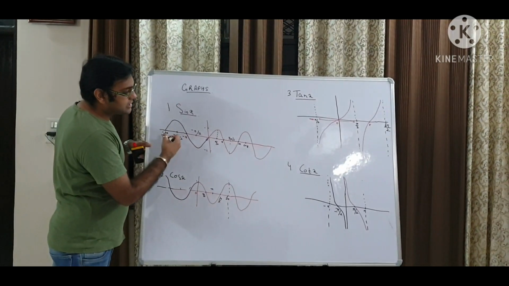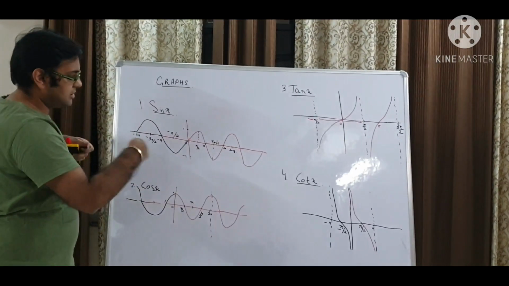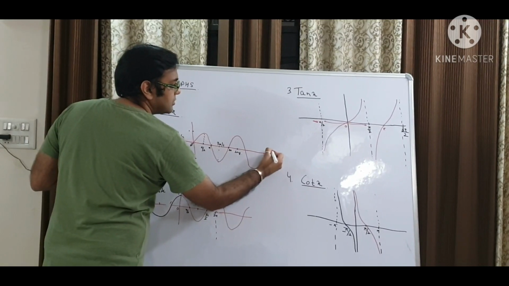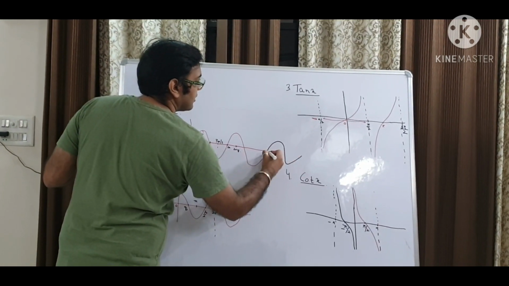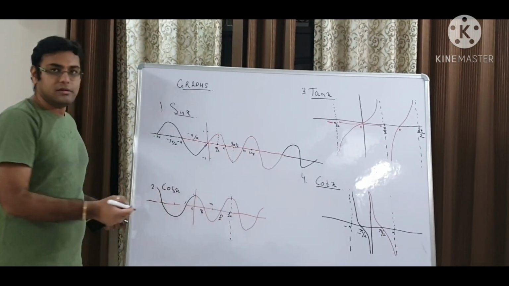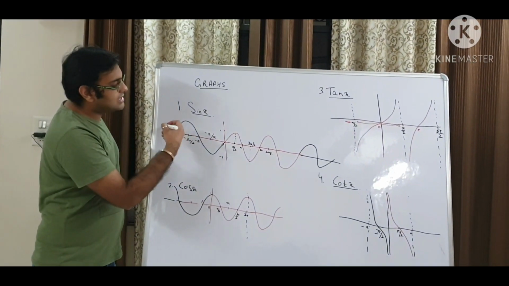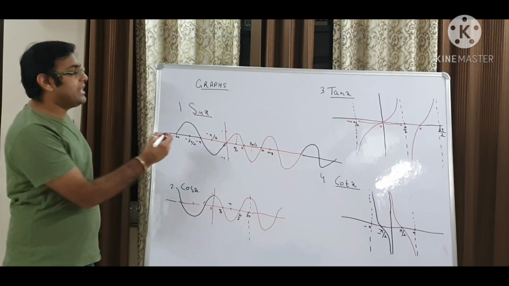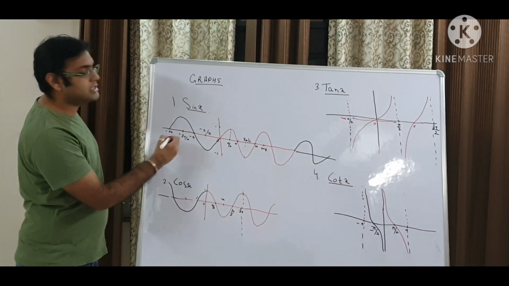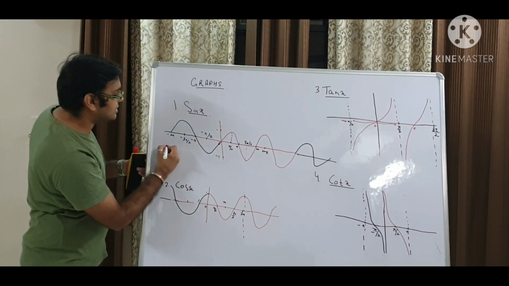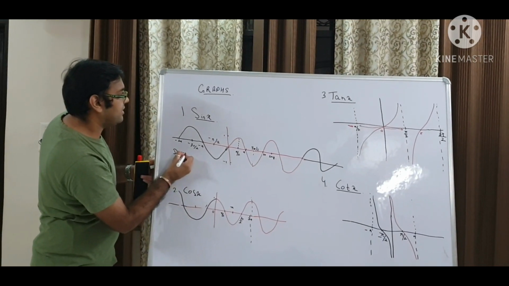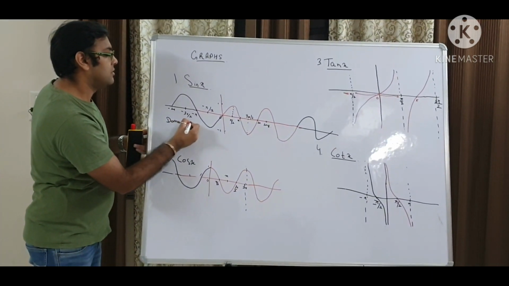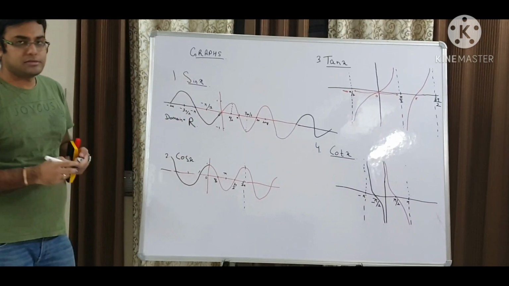If you see that this is the x-axis, this graph can go on and on and on, right? Hence, the domain of this sin x is all the real numbers. It can take any number from minus infinity to plus infinity. That is, domain is equal to all real numbers.